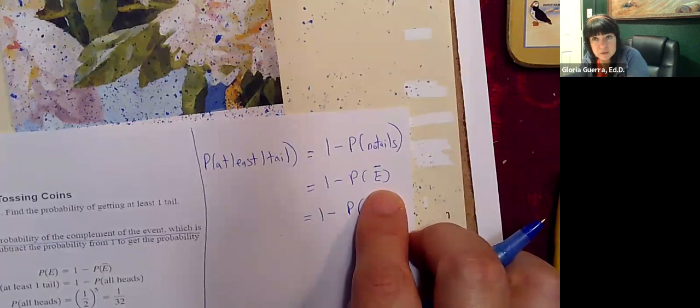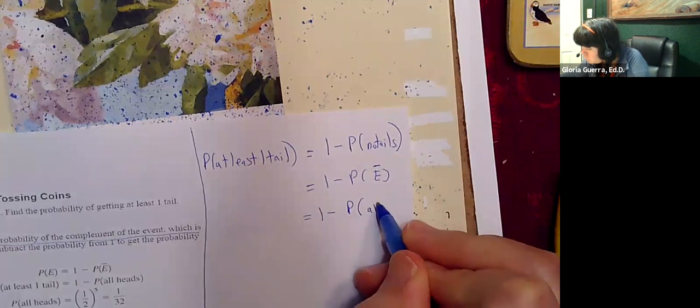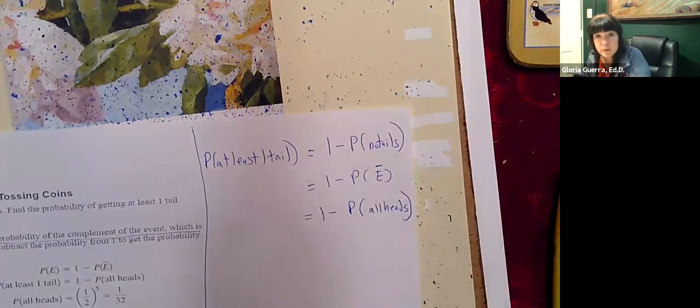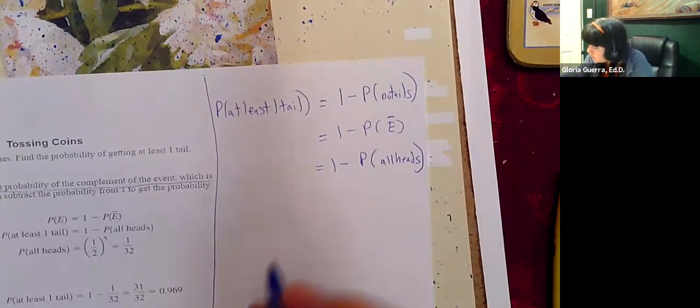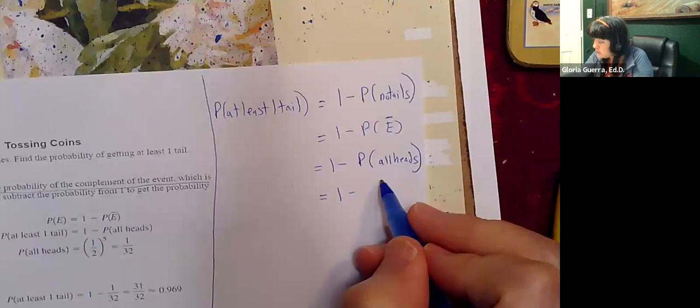If you're not going to get tails, then that means you're getting all heads. Okay. And so then this is 1 minus all heads.